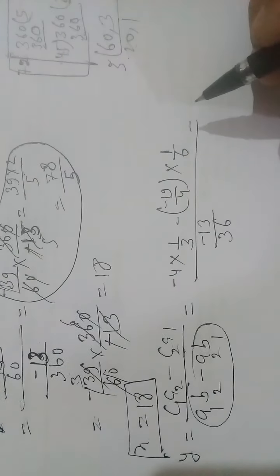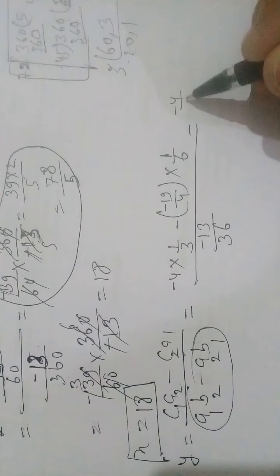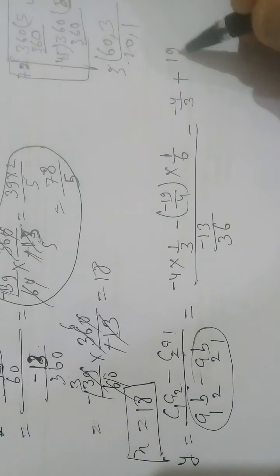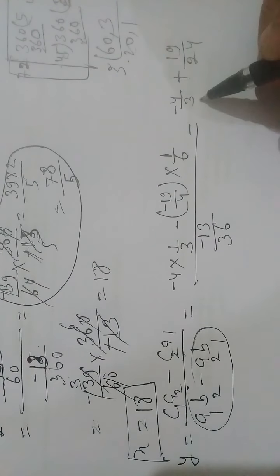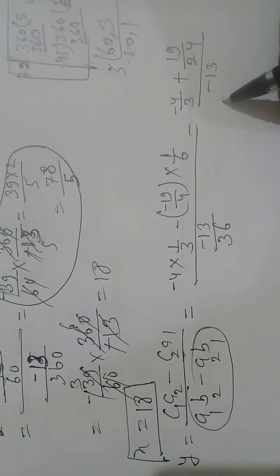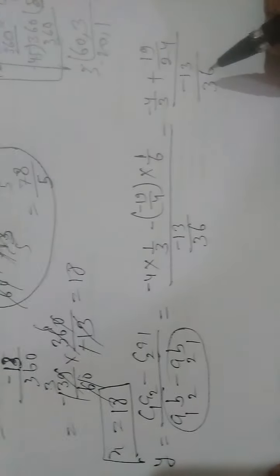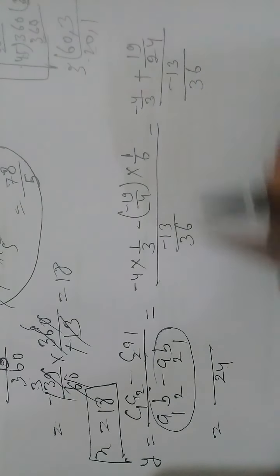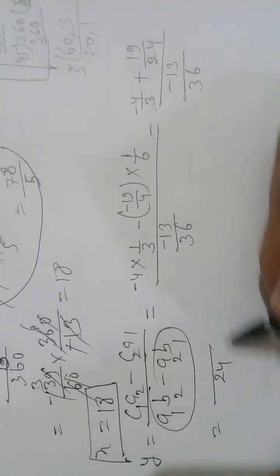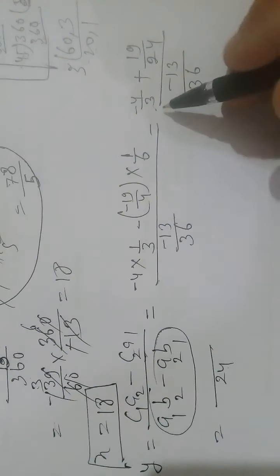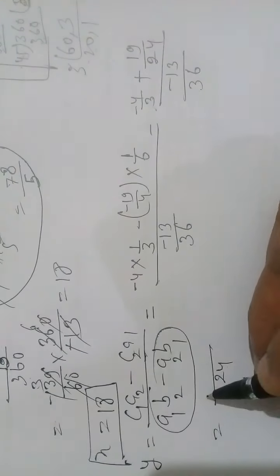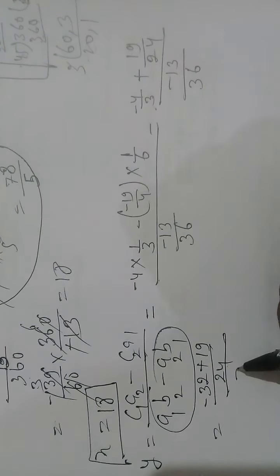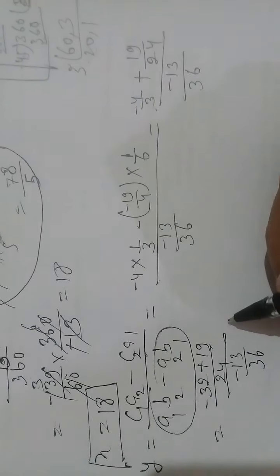In the next step: minus 4 by 3 plus 19 by 24, over minus 13 by 36. The LCM of 3 and 24 is 24. 3 times 8 is 24, 8 times 4 is 32, so minus 32 plus 19 over minus 13 by 36.